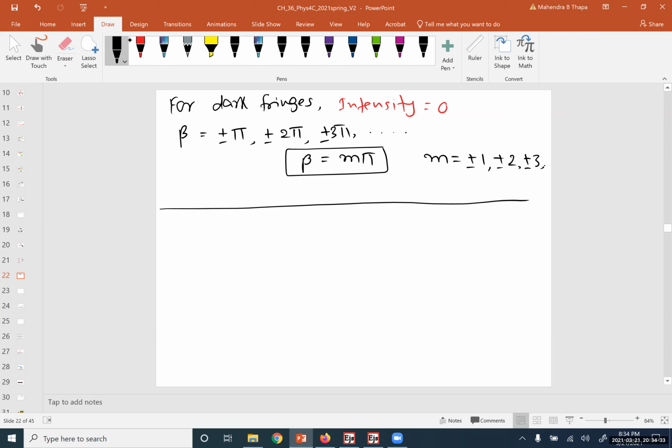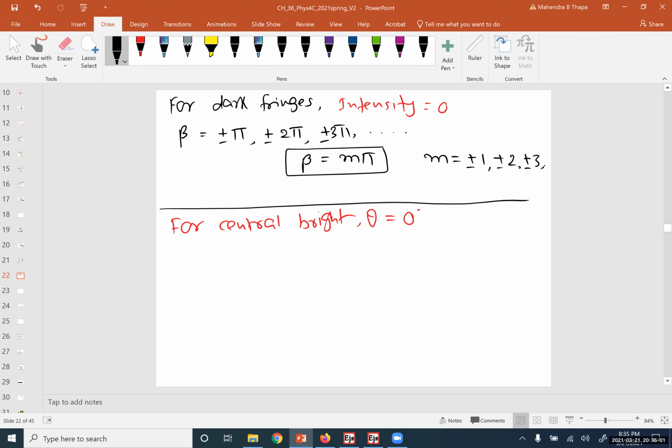Let's talk now about the spot where the fringe is bright. Okay, so we see here that for the case of the central bright, our value of theta is 0.